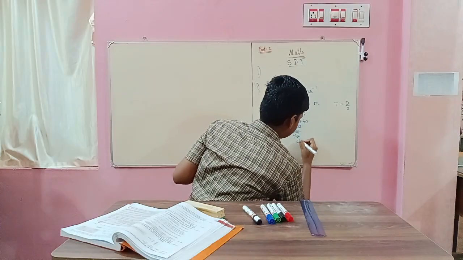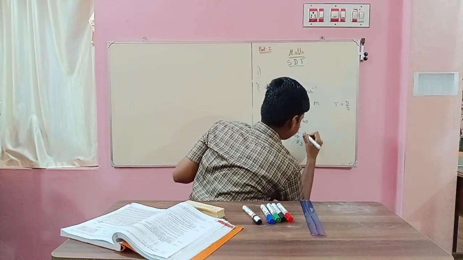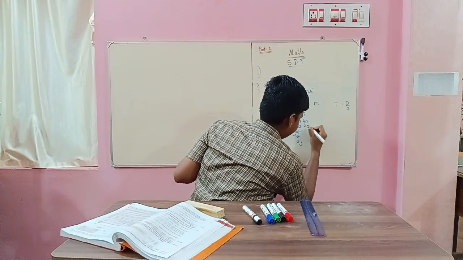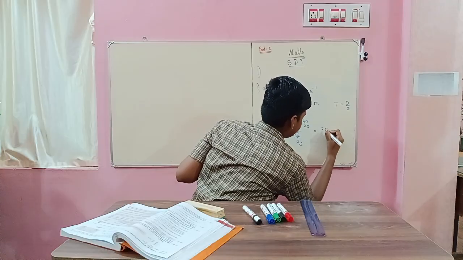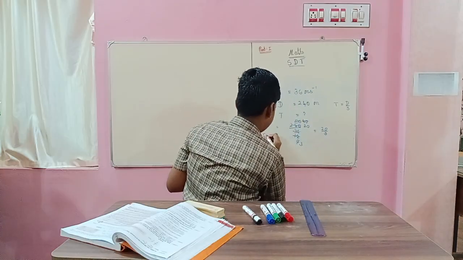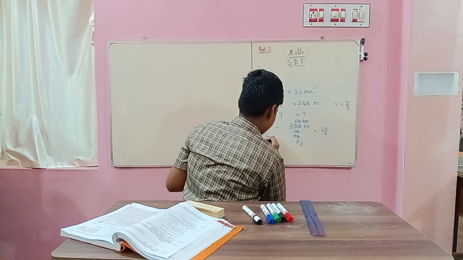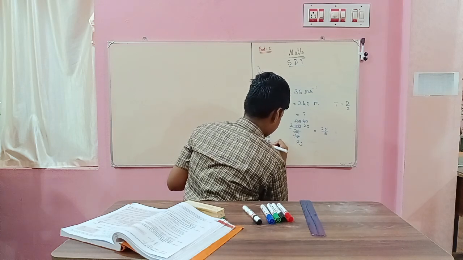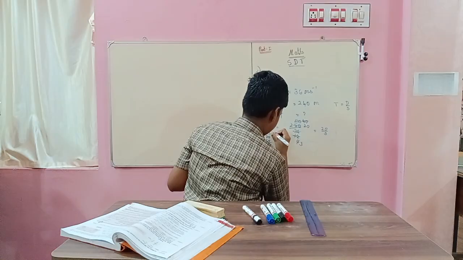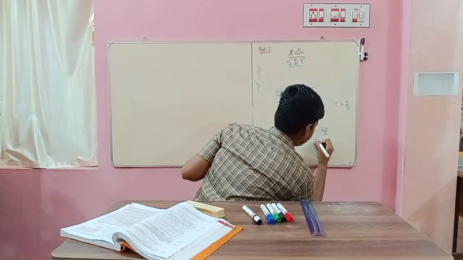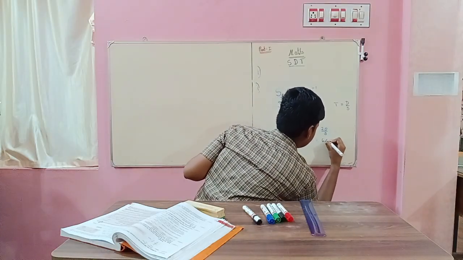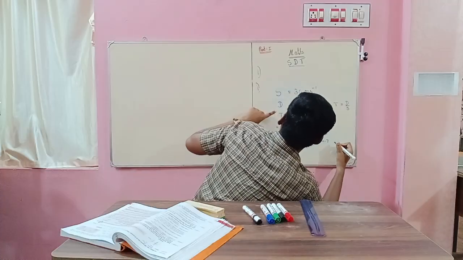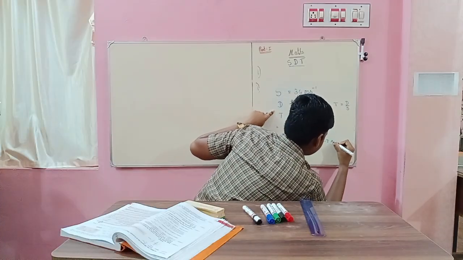Then again we can divide by 2, 20 by 3. Which is equal to 6.7. What's the time? 6.7 seconds.